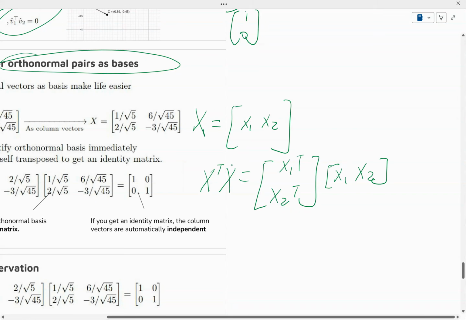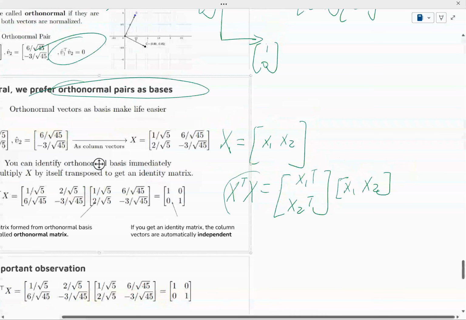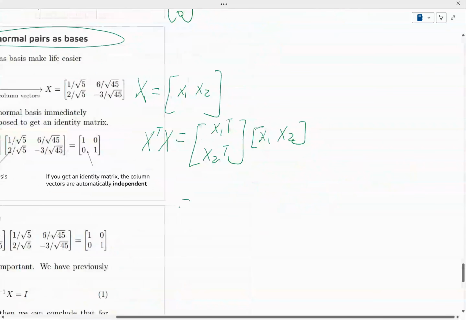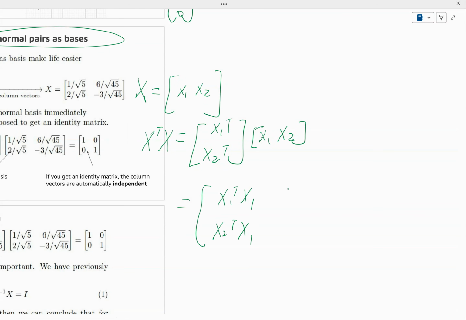And if you multiply this out, it's equivalent to X1 transpose X1, X2 transpose X1, X1 transpose X2, X2 transpose X2.